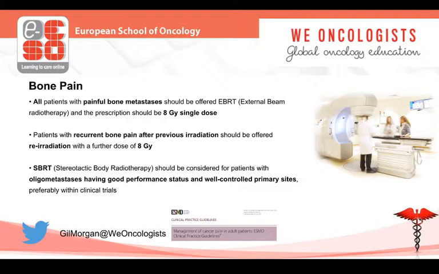Approximately 2/3 of patients have bone metastasis. 2/3 of the patients with bone metastasis have severe and debilitating pain, and radiotherapy can relieve this kind of bone pain.